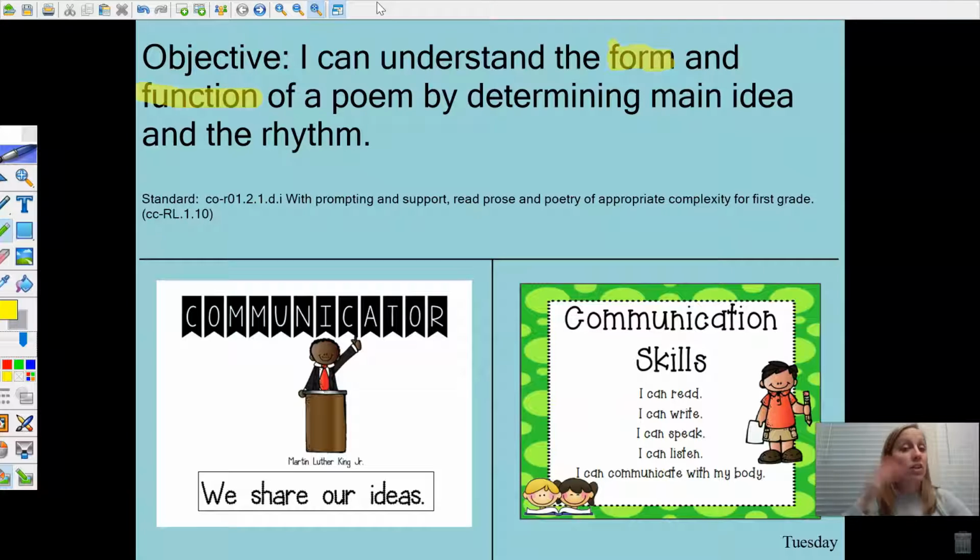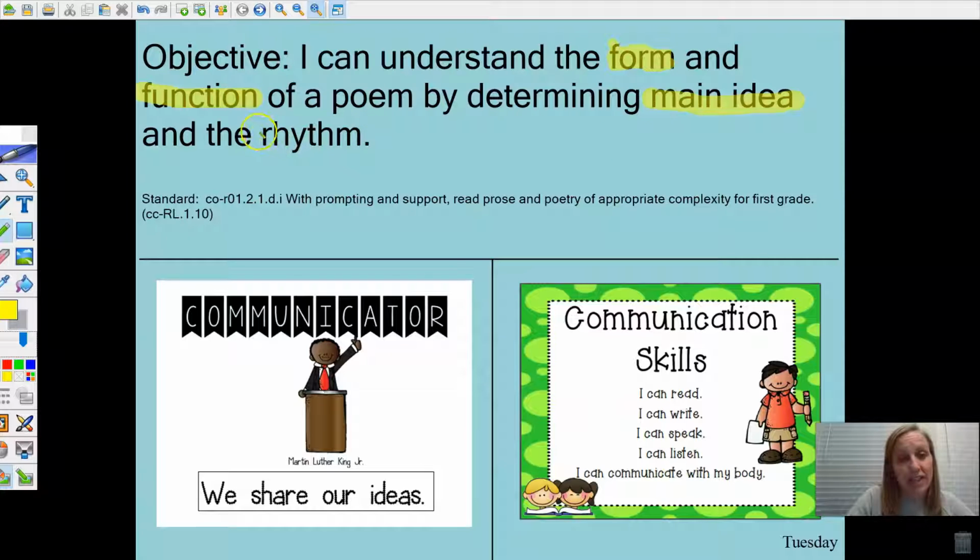So we're going to not only look at what a poem looks like, but also how it functions. We're going to be learning about the main idea of a poem. We've heard about main idea. Main idea is what it's mostly about. We've talked about stories and passages that have a main idea. And today you're going to get to learn about how poems also can have a main idea.